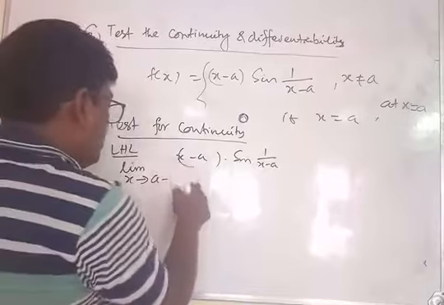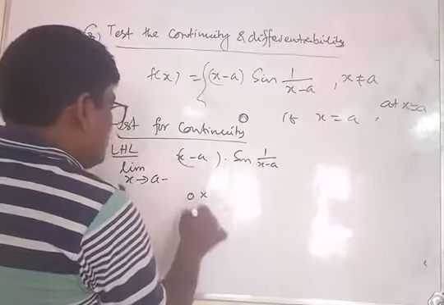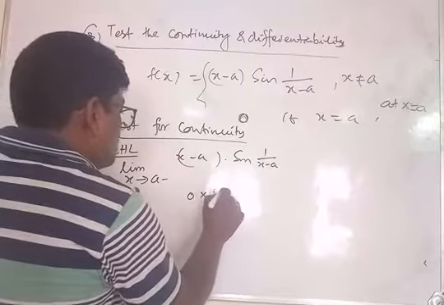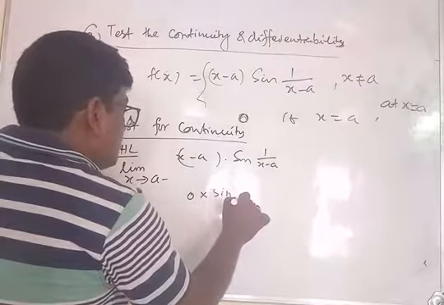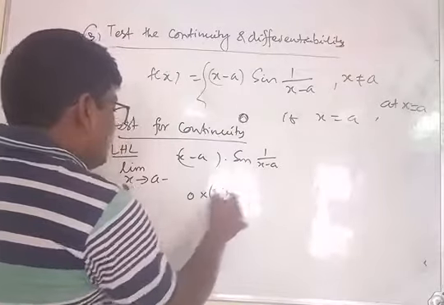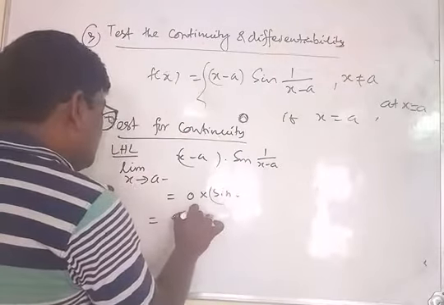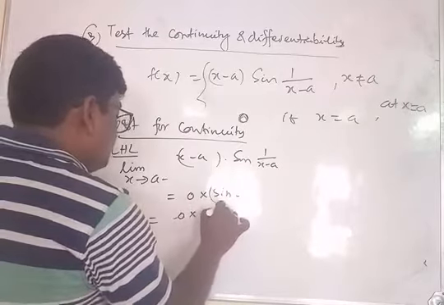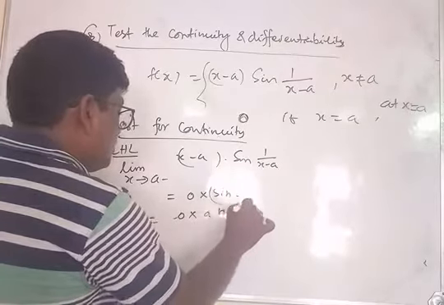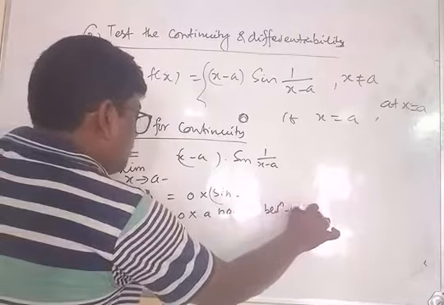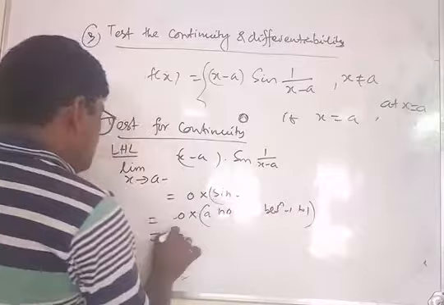Put x is equal to a here: 0 into a number, 0 into sine infinity, that is a number, 0 into a number lying between minus 1 and plus 1, which is equal to 0.